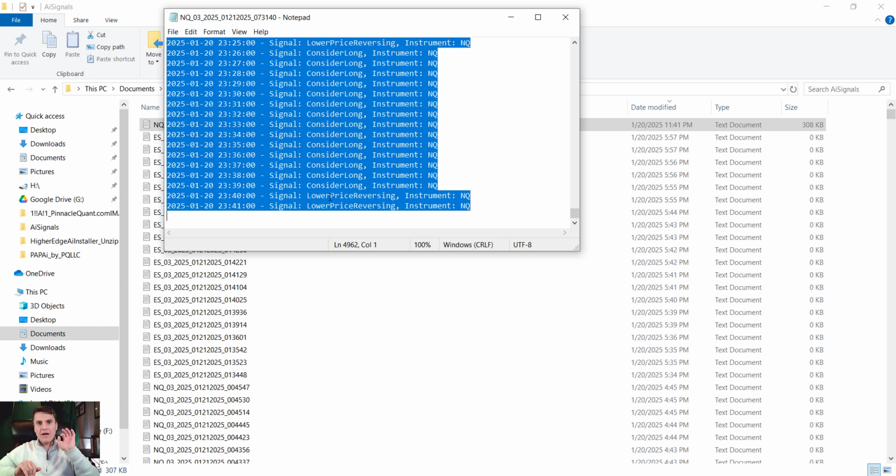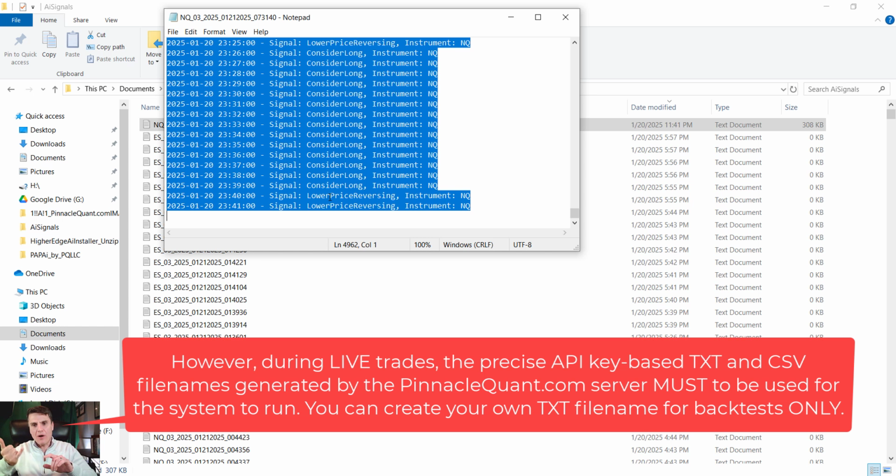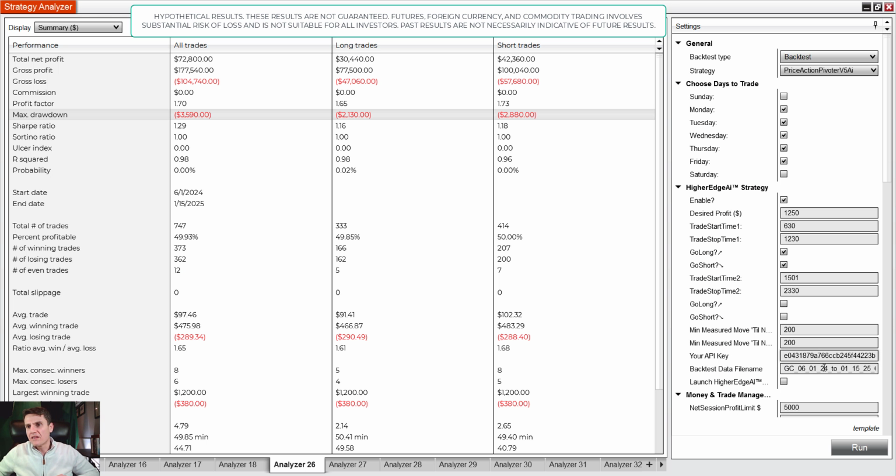Open up a notepad, paste it all in there, and save it with something you're going to remember, like NQ, the date that you ran it, the desired profit that you used, and the risk per trade that you used. Then you just copy and paste that file name into the backtest data file name, and then you run it. That's how you can backtest it. So this, in essence, is how this model works.